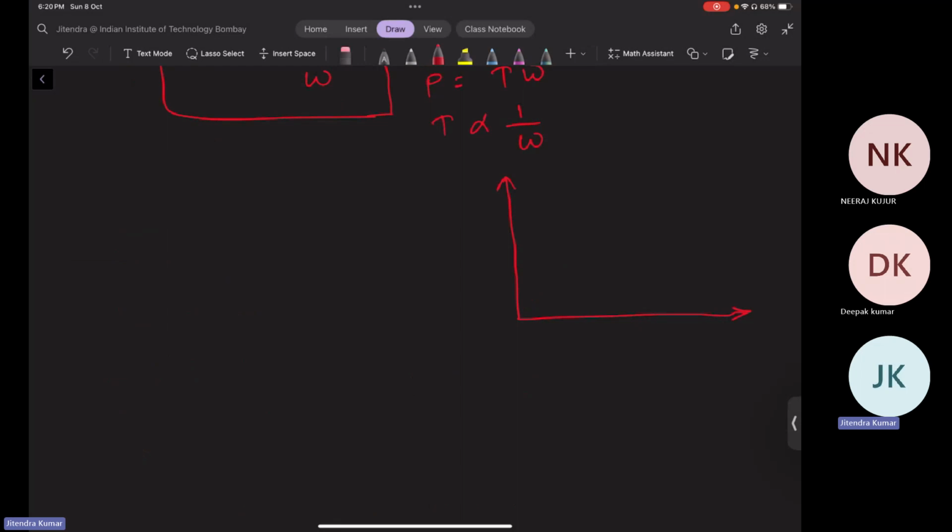You tell me. Let's say it is omega 1, omega 2. This is the speed, this is torque. The power is constant here, so torque will be high. See, at lower speed, what happens?